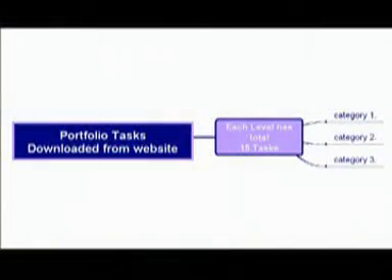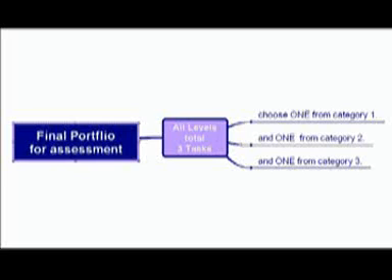Each level consists of 15 tasks divided into 3 categories. Students write as many tasks as they wish and then choose their best 3 tasks to appear in the final portfolio. There must be 1 task from each category for the examiner to mark.